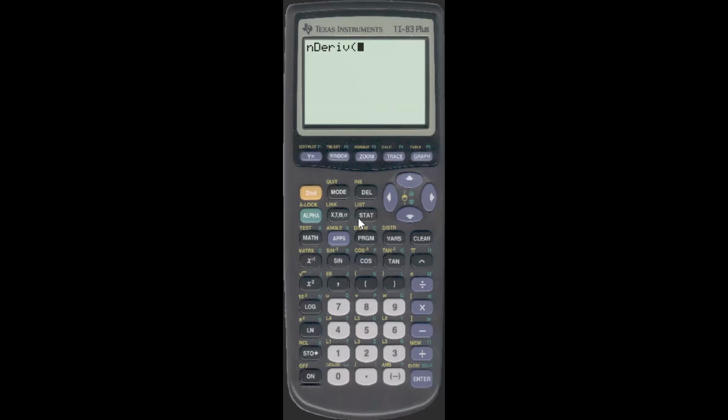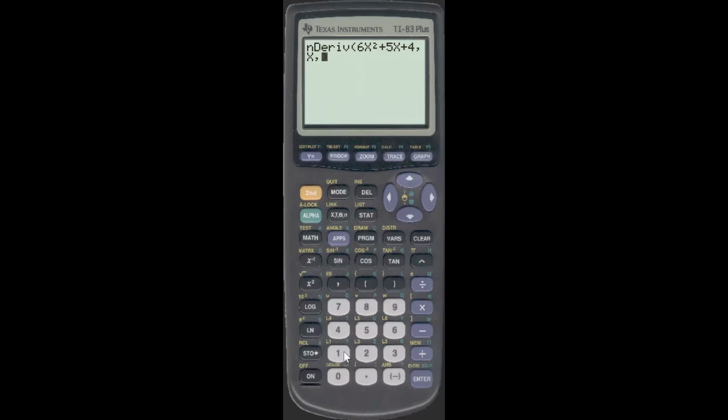You have to enter the function with x, always: x squared plus 5x. Yours may look a little cleaner. This is an old piece of software that I need to update, but have not. And then you put the x value, which is 1. You hit enter, comma, 1, enter. And there's your answer.